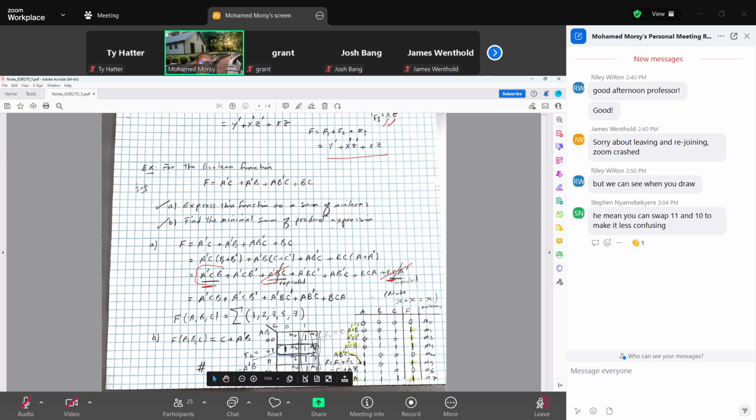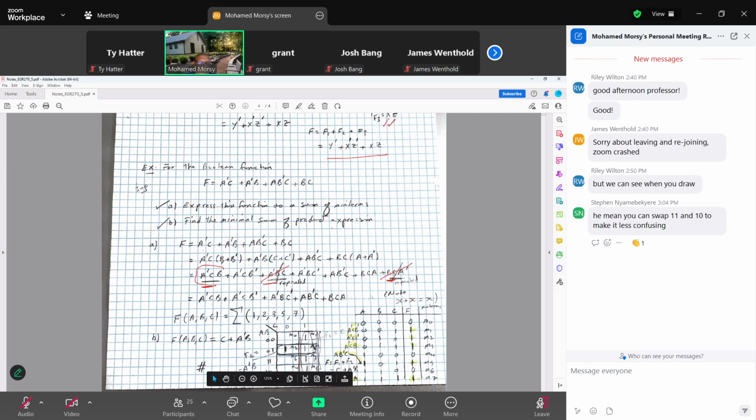So the fundamental product here is 1. Then we just label them M0, M1, M2, M3 in sequence. So in terms of the minterms, where we have ones, it is M1 plus M2 plus M3 plus M5 plus M7.